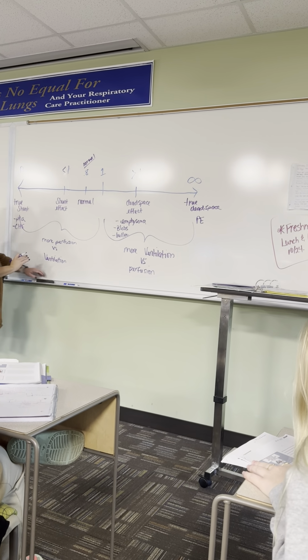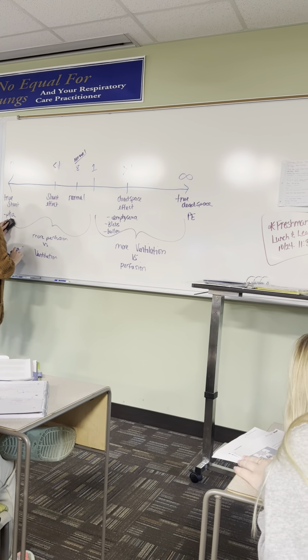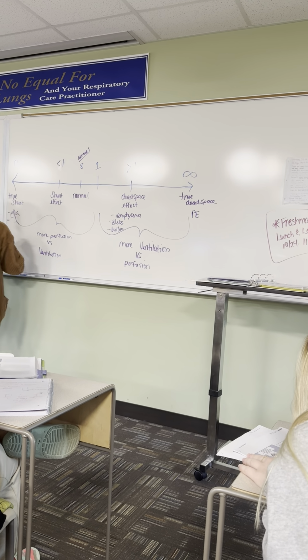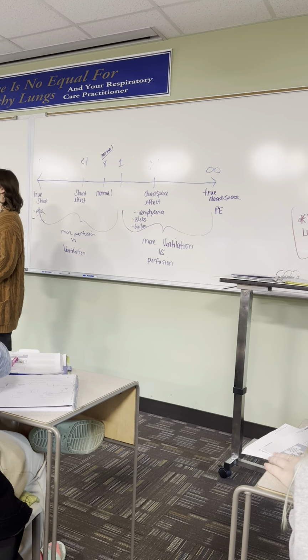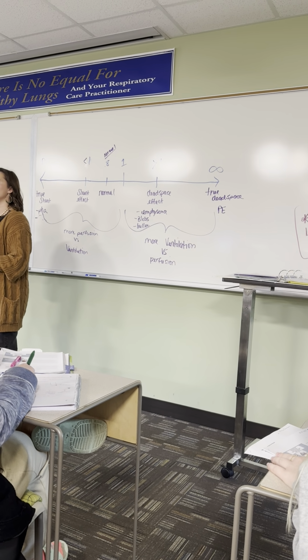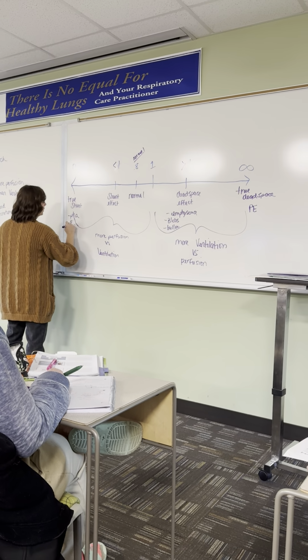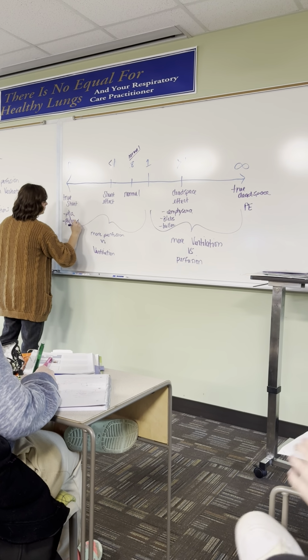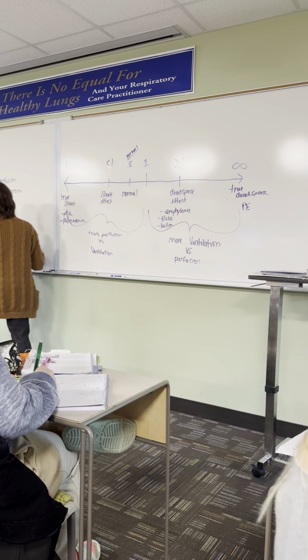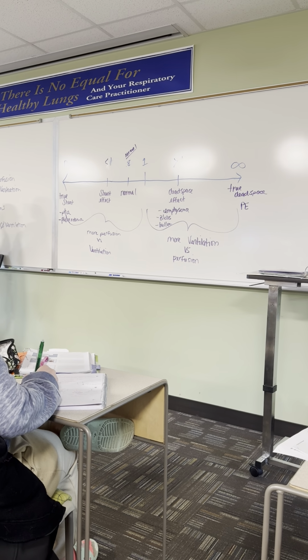So let's get even more specific there. CHF, what does it lead to? It's a backup of fluid in the lungs, right? What do we call that? Pulmonary edema. Let's think of some other things.